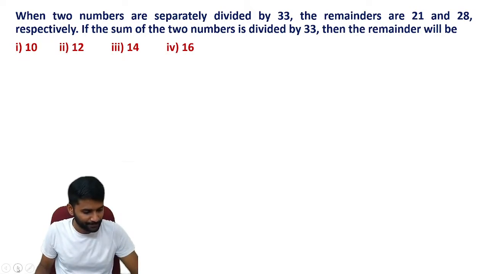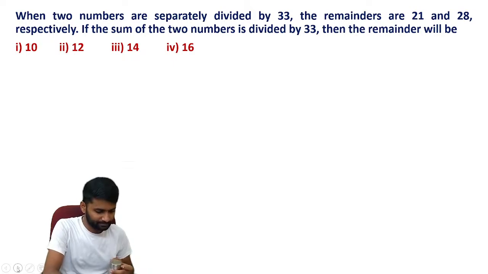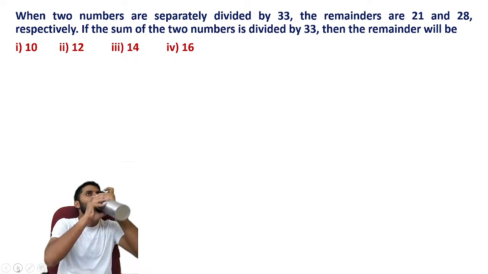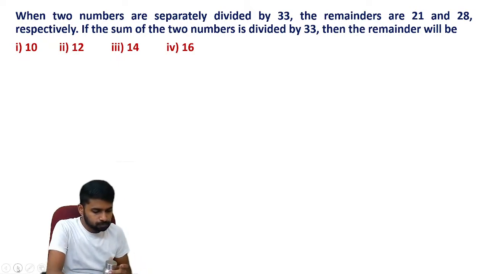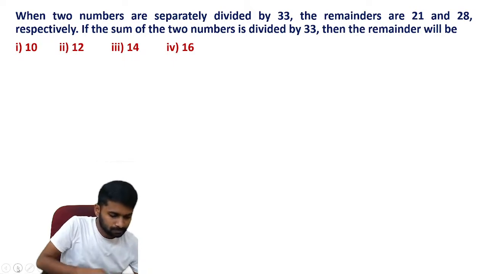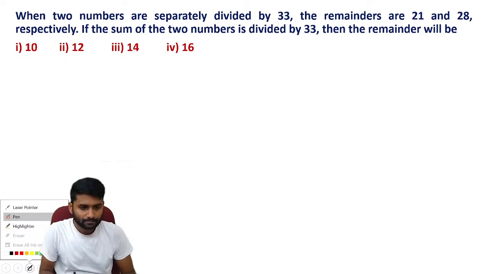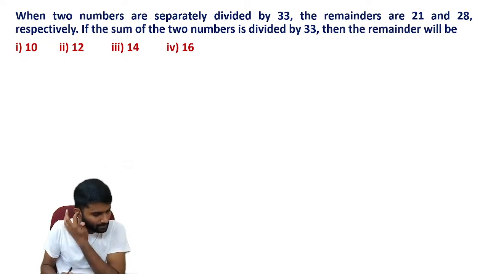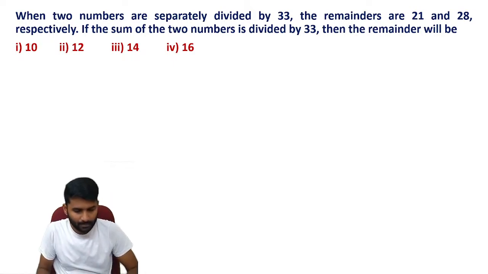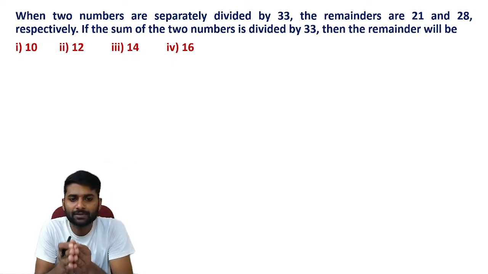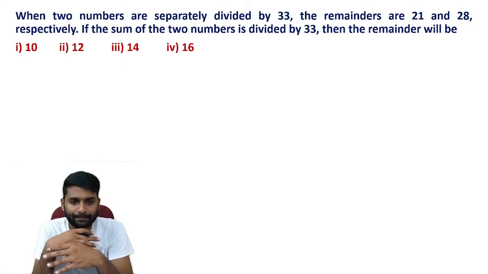Let's see this question. When two numbers are separately divided by 33, the remainders are 21 and 28 respectively.